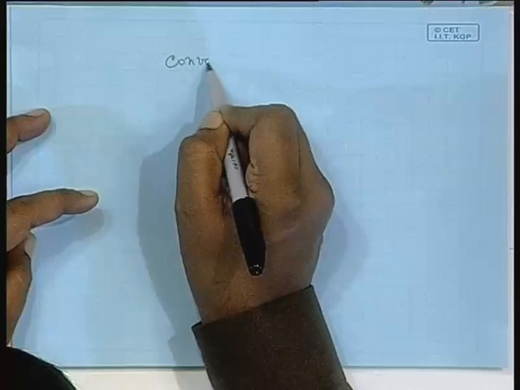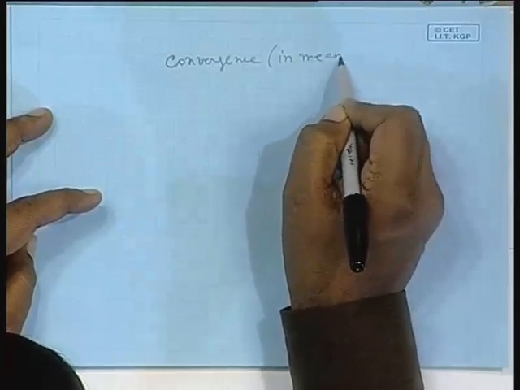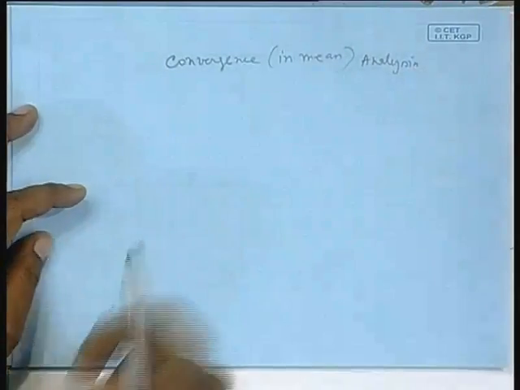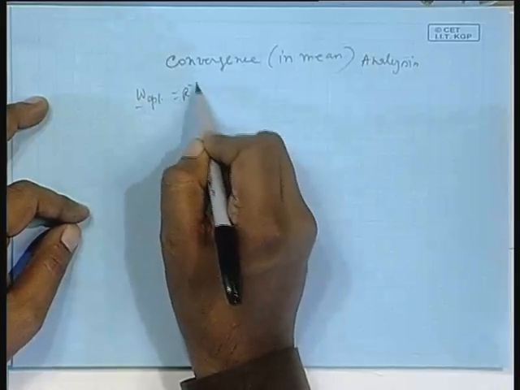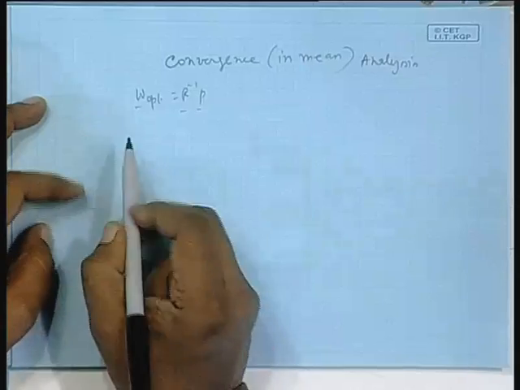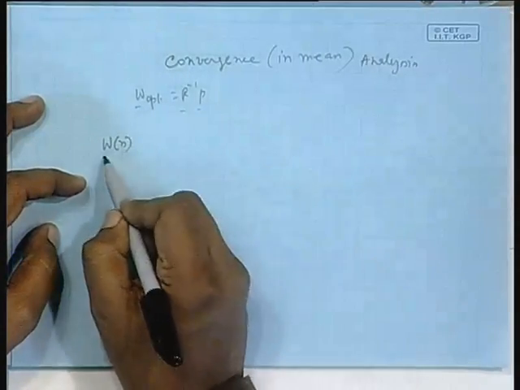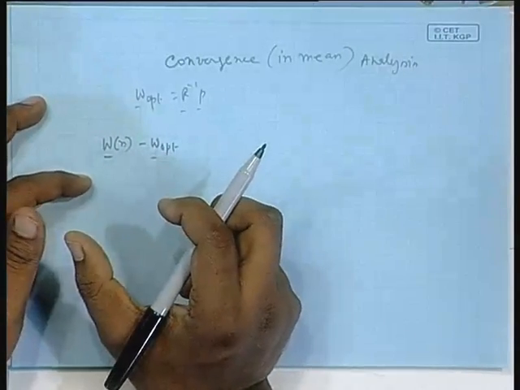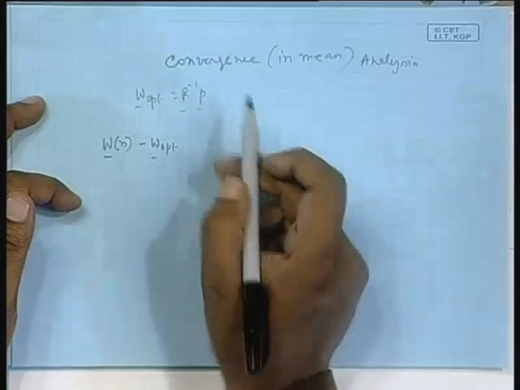So, what will I do? This is convergence in mean, convergence analysis. You know what W opt is? That is R inverse P. Now, your W n minus W opt, that is the error vector, error in filter weight, we call it the weight error vector, isn't it?